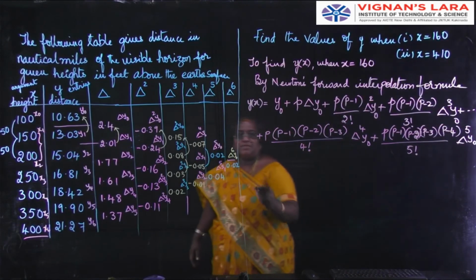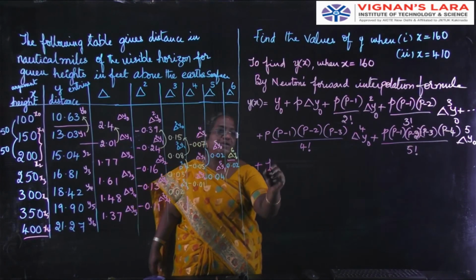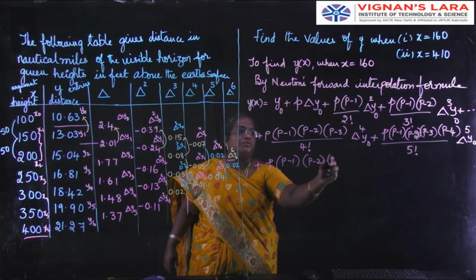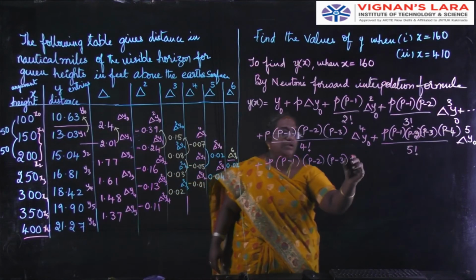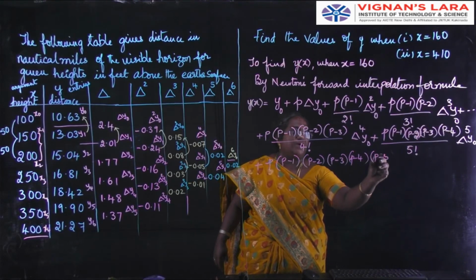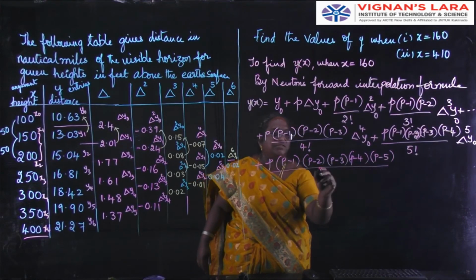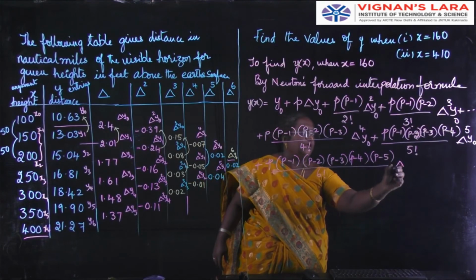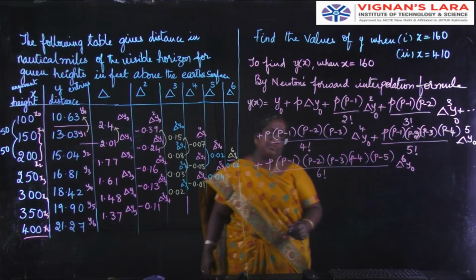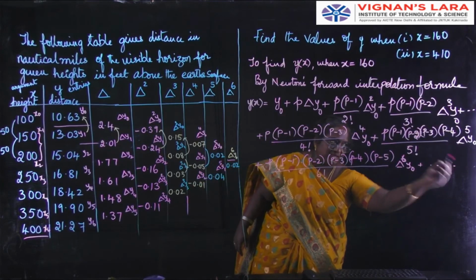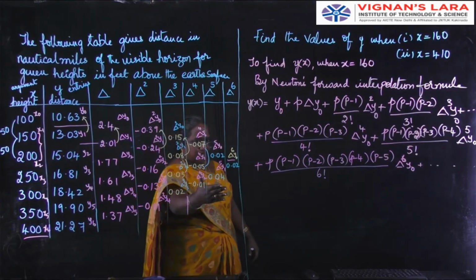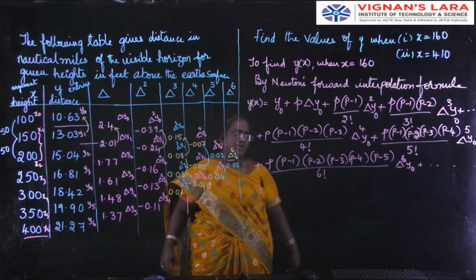Finally, one more step, plus p into p minus 1 into p minus 2 into p minus 3 into p minus 4 into p minus 5 by 6 factorial into del power 6 y naught. This goes on, but since all the other forward differences are 0 and we had up to the 6th forward difference, we need the formula up to this term.